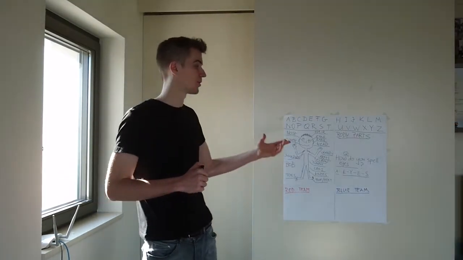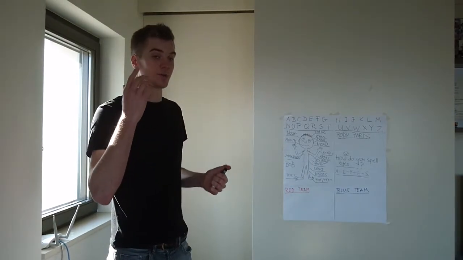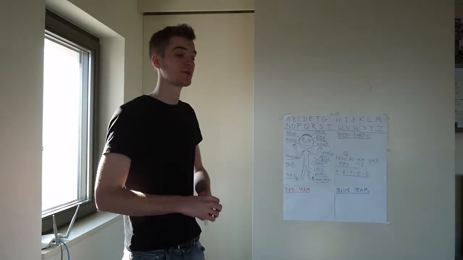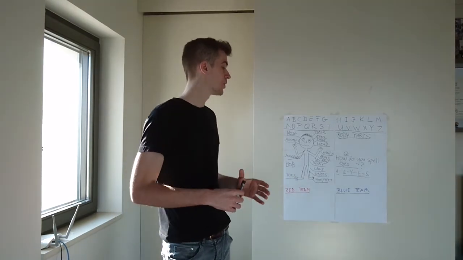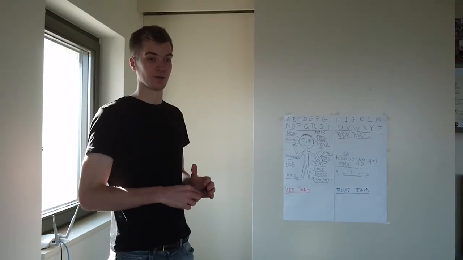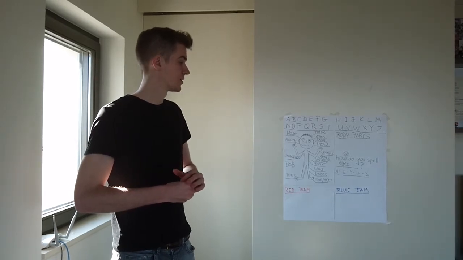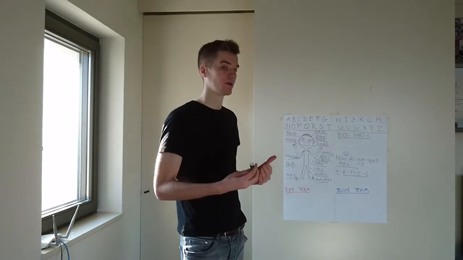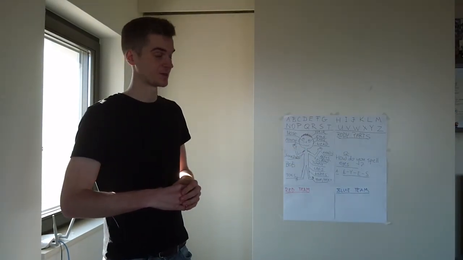For example, what you can do with your eyes. You can see with your eyes, right? So I would like you to think about these activities that you can do with each body part. At the beginning of next class, I'm going to ask what you came up with as an activity for these body parts, okay?